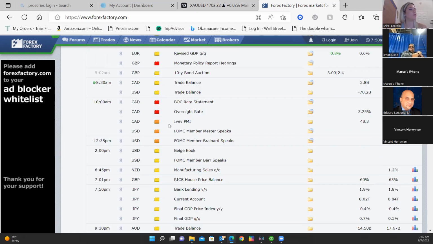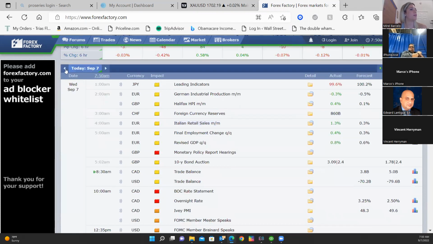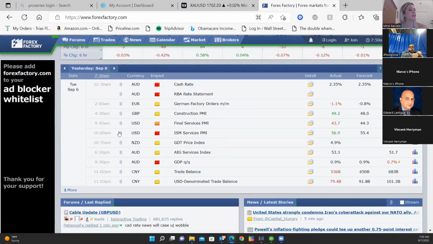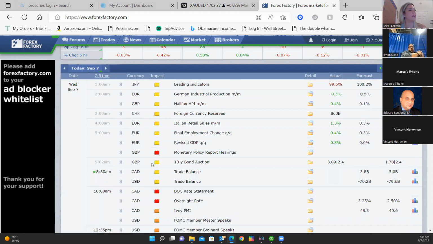They're not high impact news, but yesterday, for example, the red folders are high impact news. So when this one came on, the market goes crazy. So always be mindful of these folders and the times that you're trading.